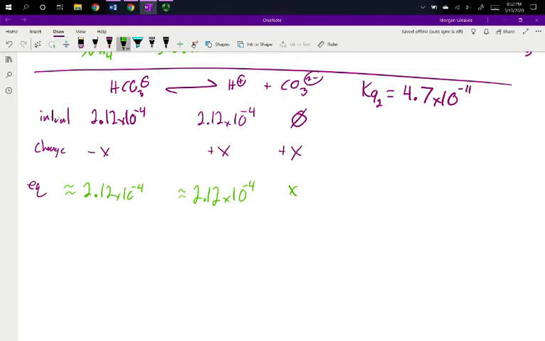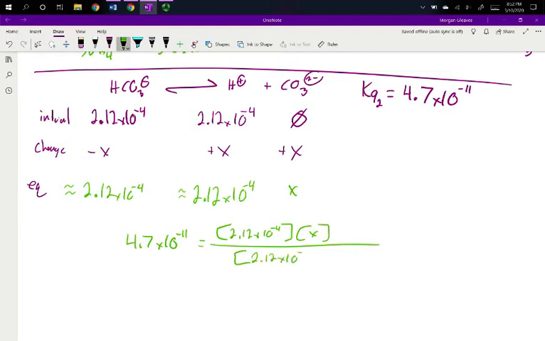However, carbonate will definitely be X. So we can plug this in. 4.7 times 10 to the minus 11 is going to equal 2.12 times 10 to the minus 4 times X, so our products over our acid, our bicarbonate, 2.12 times 10 to the minus 4.